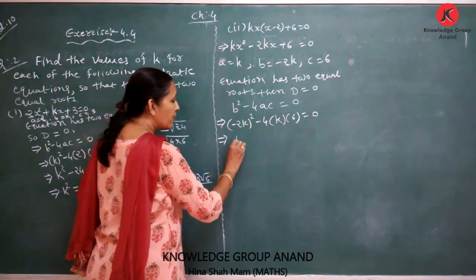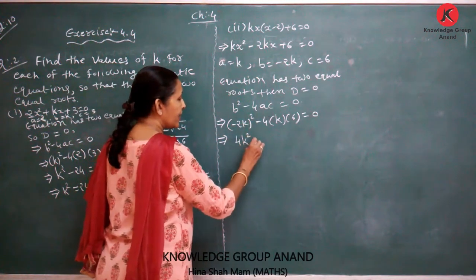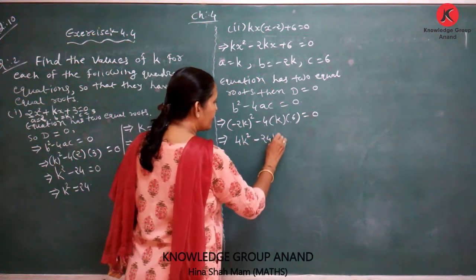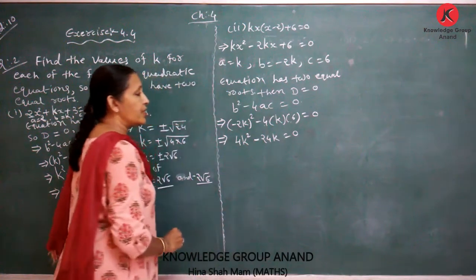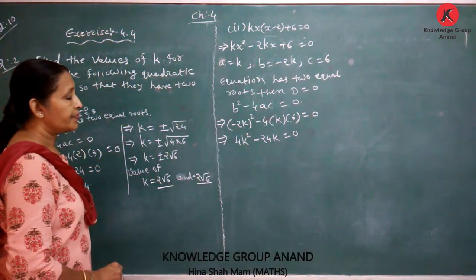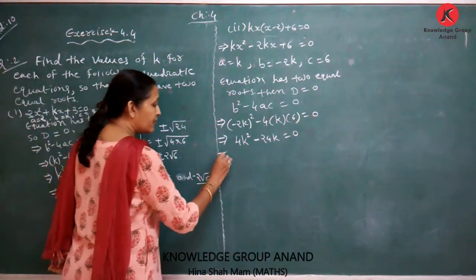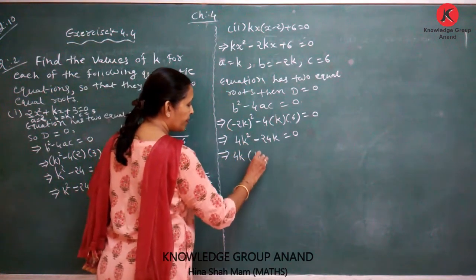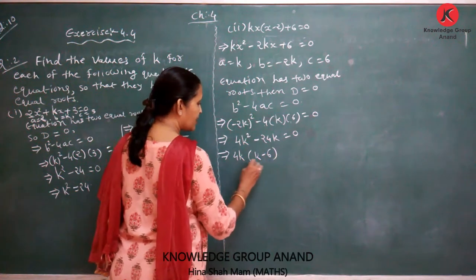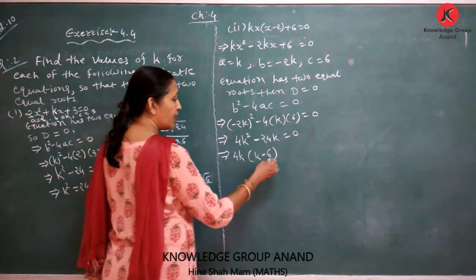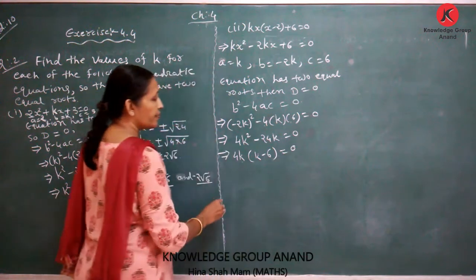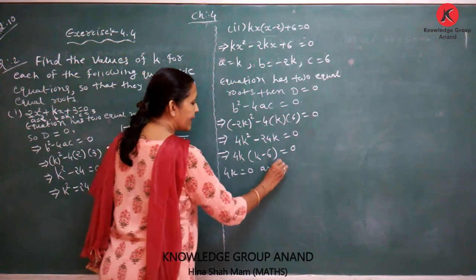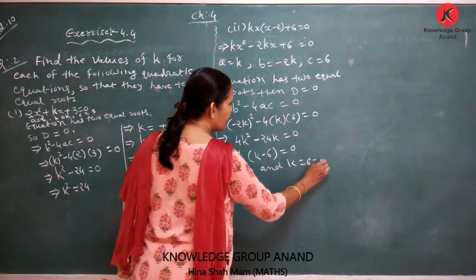Minus 2k square gives 4k square, minus 4 times 6 is 24k, equals 0. Find its roots. Common factor 4k: 4k into k minus 6 is equal to 0.